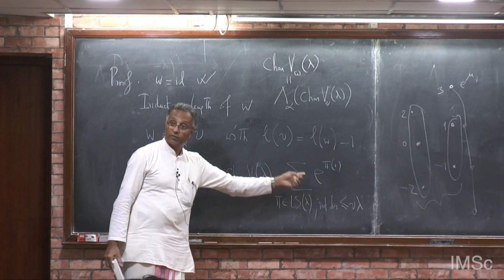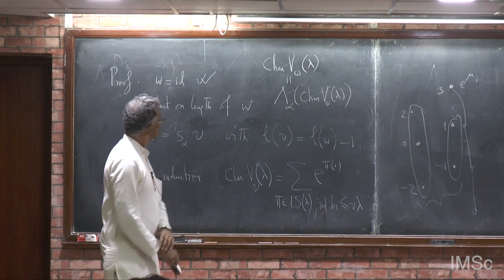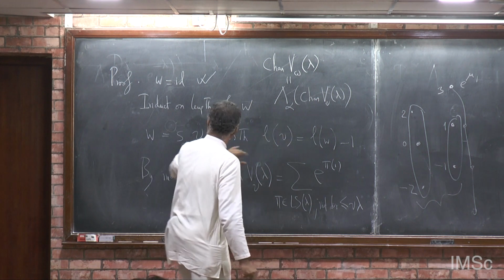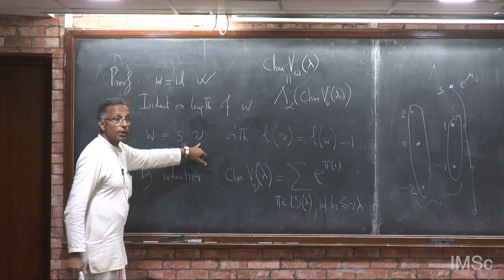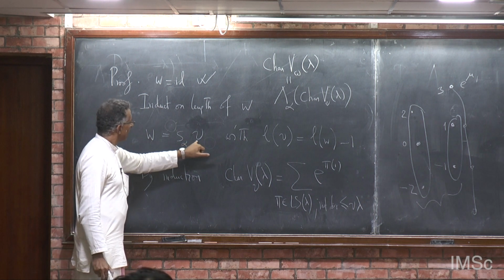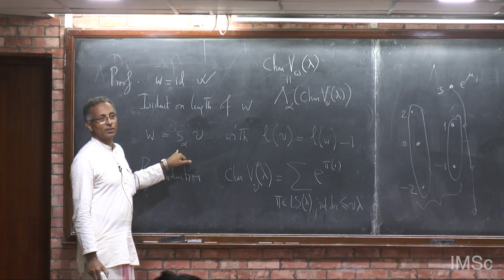And I already have this. So I am reduced to apply, yes? This one? This is because a reduced expression for W can be written as a reduced expression for V with an alpha added on.